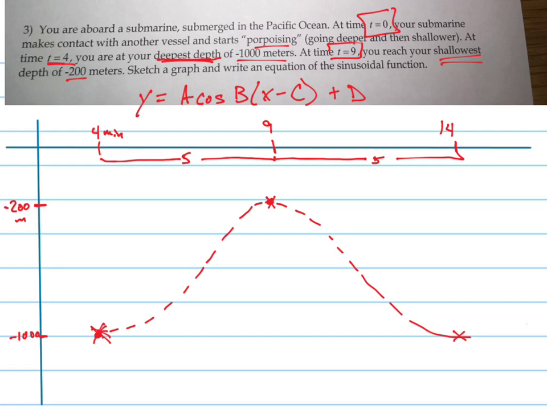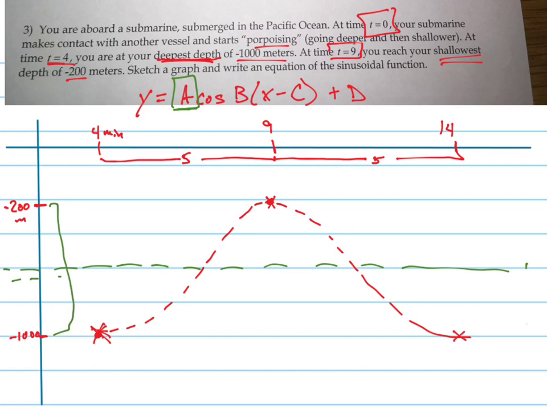So let's find all those values that we need. First of all, let's find A, and A is this distance right here. We're going to have to find that midline. The midline, let's call it right here. What is that midline? We'll take this total distance, which is 800, and split it.